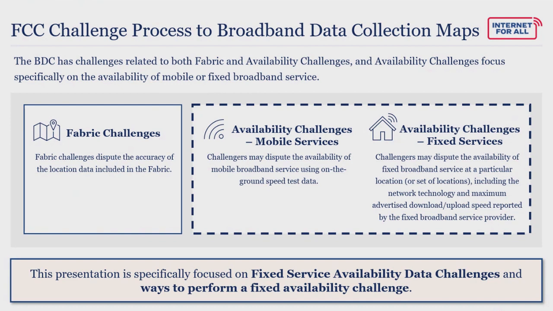This could include the network technology and the advertised download-upload speeds offered by a given provider. Today's webinar focuses on fixed service availability challenges. The mobile availability challenges are less relevant to the BEAD allocation process.